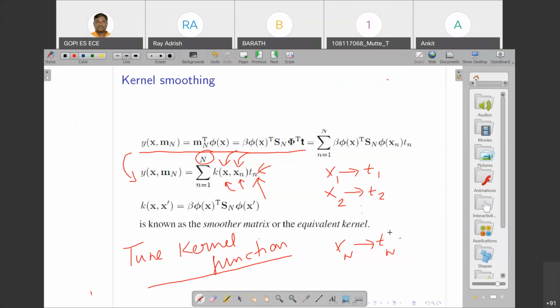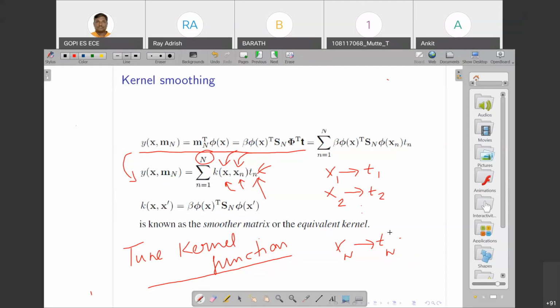And the least square solution, least square with regularization. And then finally, we had the kernel smoothing. These are all the different ways in which we do linear regression. Still, we have other methods also, but that is out of scope as far as this course is concerned. We will stop the linear regression model here, at kernel smoothing.